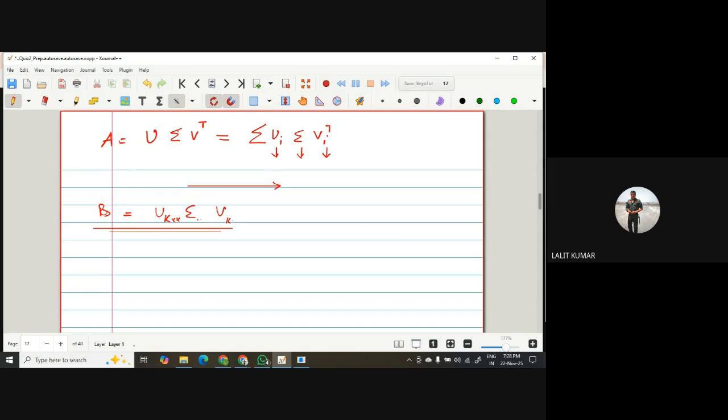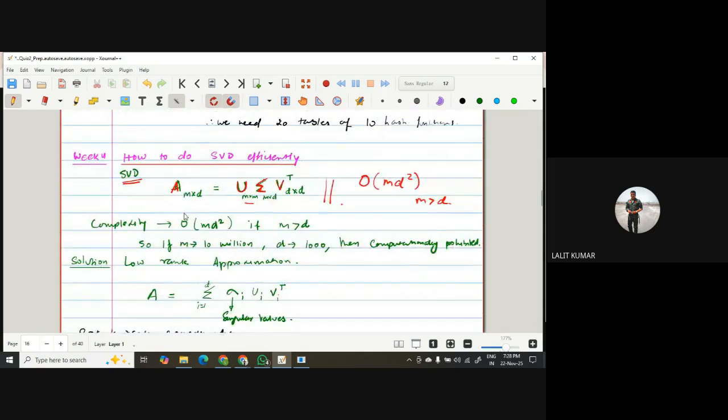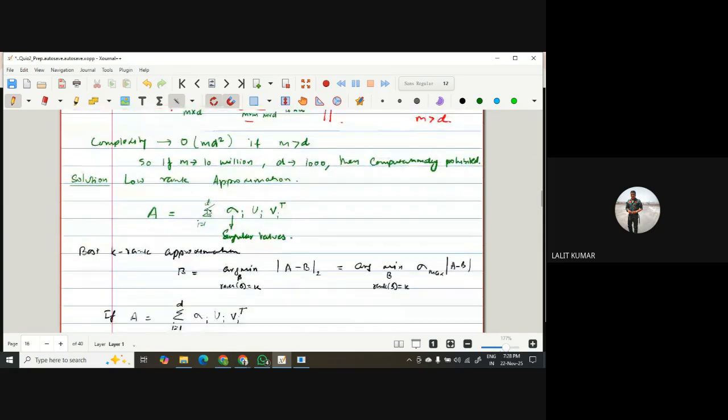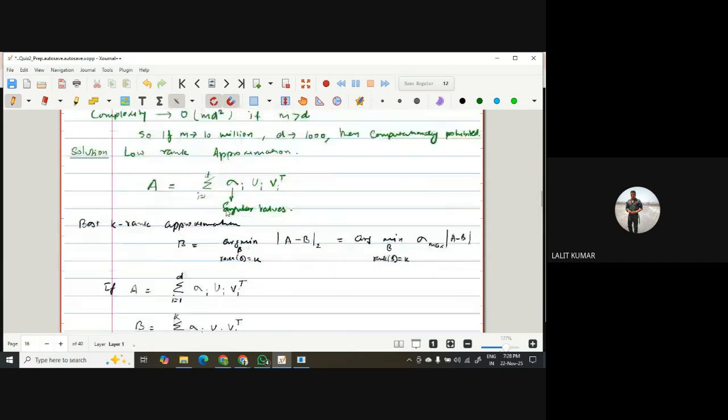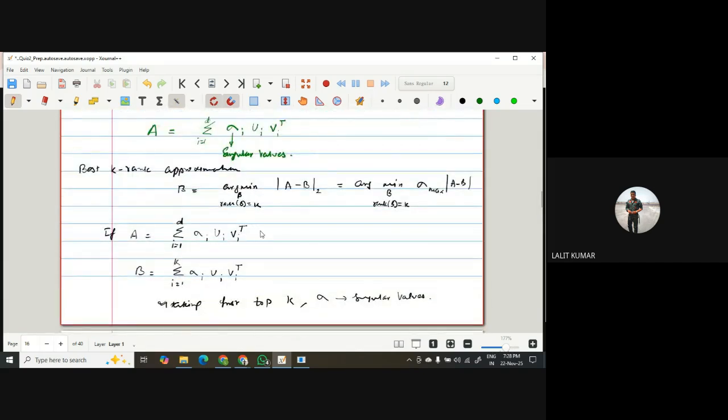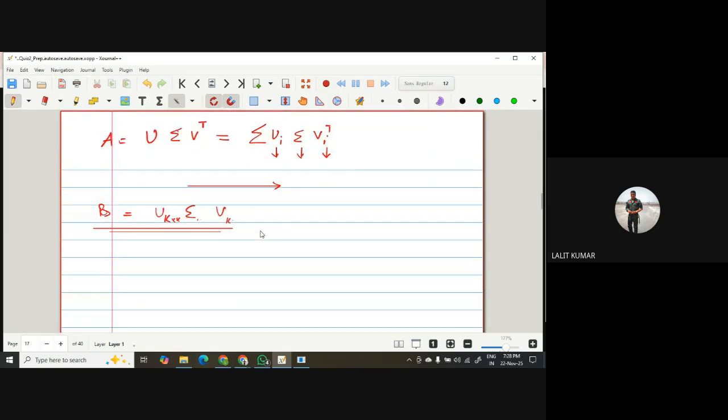But we have got another method which is known as fast SVD, and in fast SVD we use randomization. I will go to the fast SVD. Only one thing we have to remember: if we select the top k eigenvalues to calculate B, and then calculate A minus B, then the difference will always be the next eigenvalue, the left one.